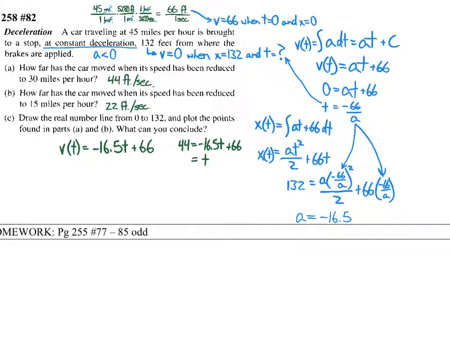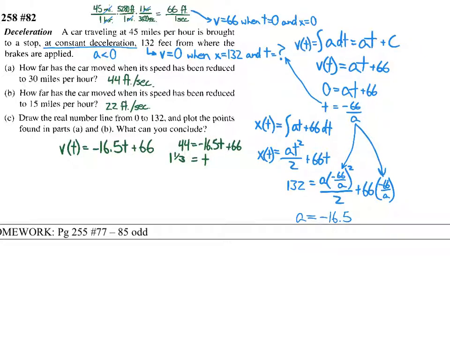It should be negative 22 over negative 16.5. 1.3? Does it come out evenly? Yeah. If you recognize that as 1 1/3, go ahead and use the fraction, that'll be more accurate. So that means we reach that speed at 1 1/3 seconds.